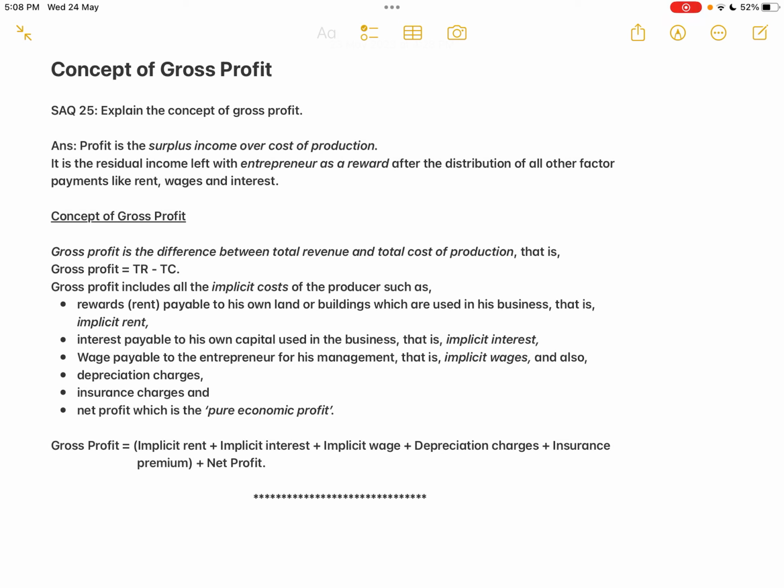Gross profit includes all the implicit costs of the producer, such as the rent payable to his own land or buildings which are used in his business, that is implicit rent.